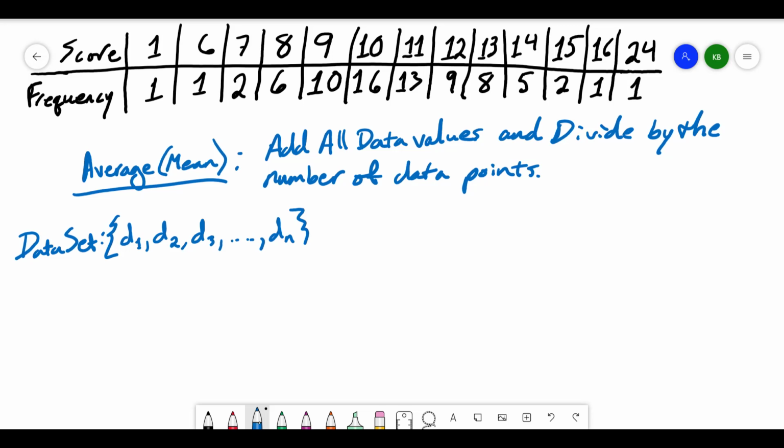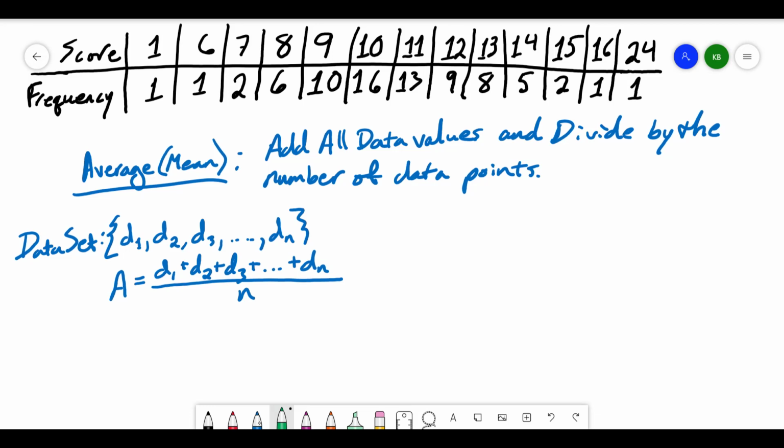Then the average, which I'm going to write as A, is going to equal D1 plus D2 plus D3 all the way up, adding them up to Dn, and then I'll divide by n. So we're going to add up all the data points, and then we're going to divide by n. So this works for us, but sometimes we can actually do things a little bit more streamlined.